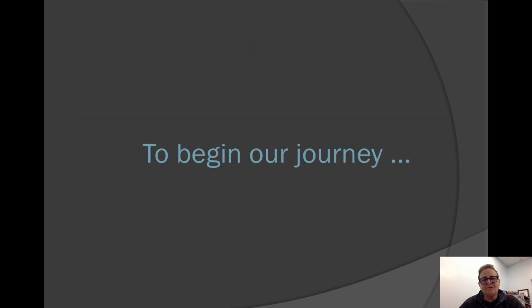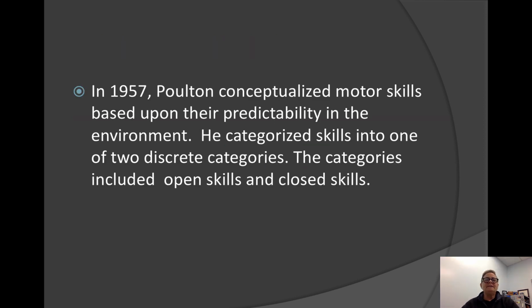So to begin our journey, in 1957, Poulton, a man from England, conceptualized motor skills based upon whether they were predictable before the movement began or whether there was a lot of unpredictability about the environment. He categorized these skills into one of two discrete categories.